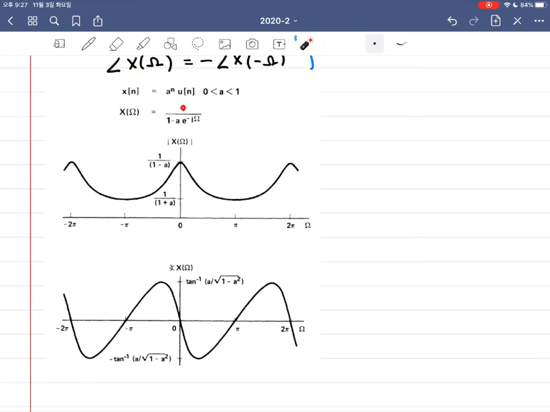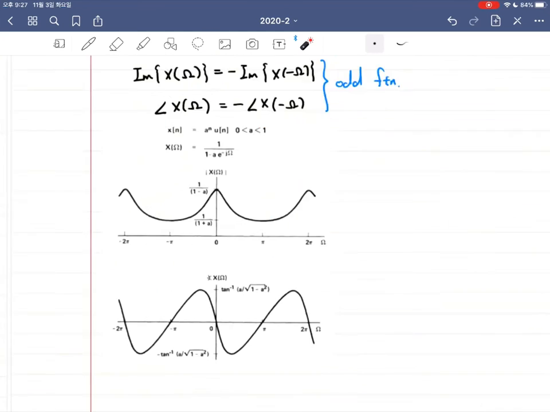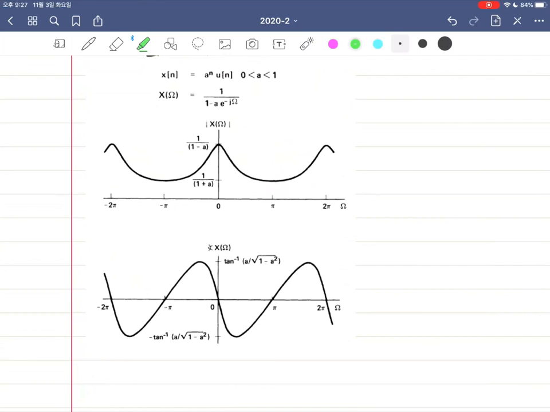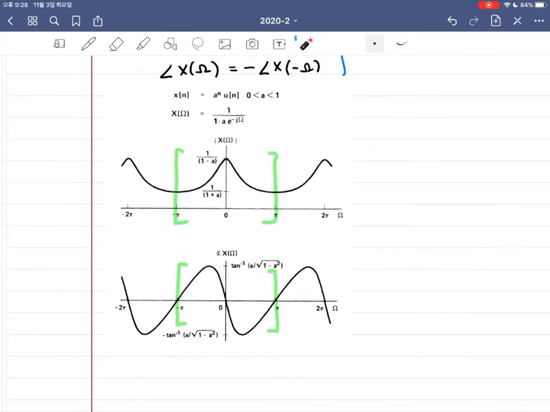And if you plot this function with respect to the magnitude and the phase, then you will get these two plots respectively. And you can see that the magnitude and phase are all periodic, right? If you truncate from minus pi to pi, you can see that this part repeats for the rest of the frequency domain, right?